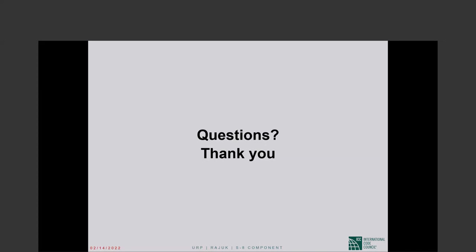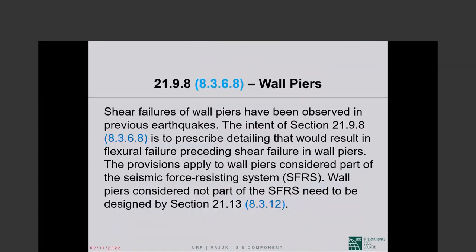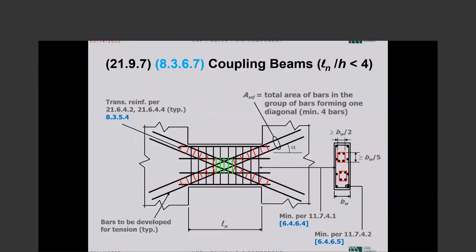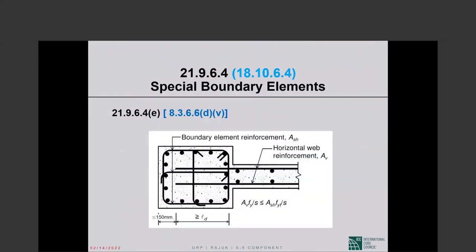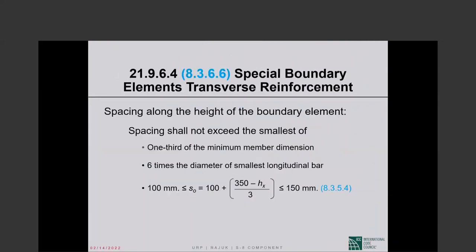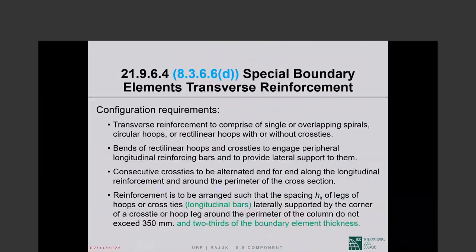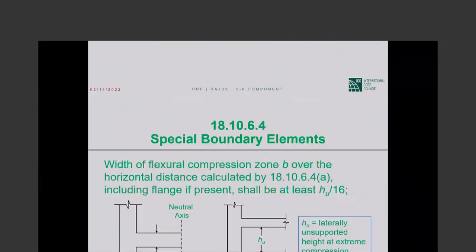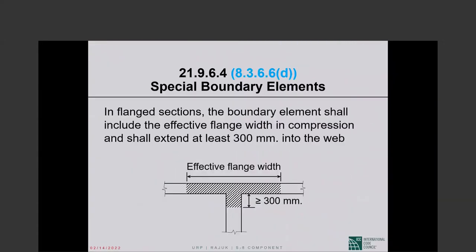As I explained before, if you need a specially confined boundary zone, let me go to that figure. In a flange section, that's what a specially confined boundary zone looks like.